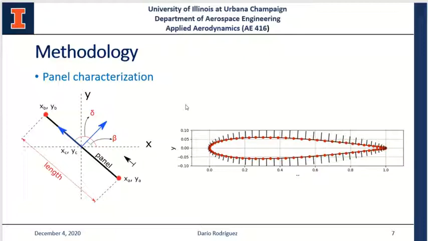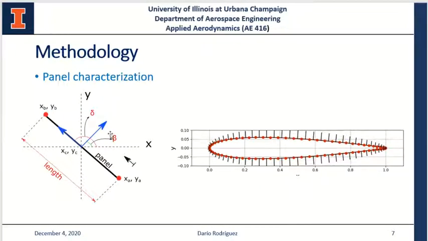Once I interpolate the coordinates according to the number of panels, it is important to define these two vectors for each panel. This one represents the normal component and this one represents the tangential component. This panel is a blow up of a panel located right here on the upper surface of this airfoil.